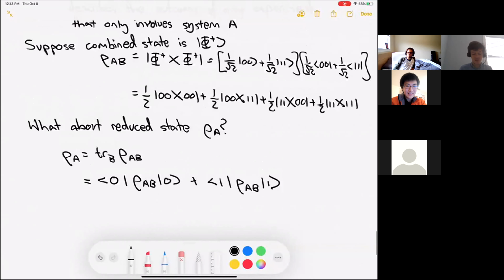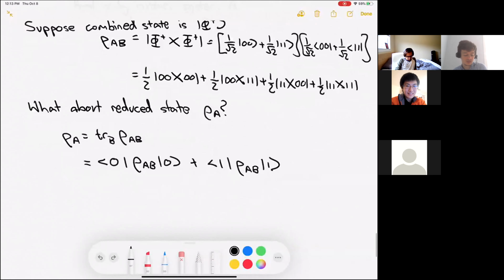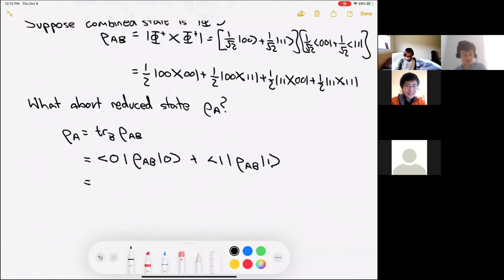Let's look at the terms in rho AB. Adding a bra 0 and a ket 0 kills all the terms that don't have system B in the 0 state in both the ket and the bra. So the only one that survives is this state here, and we're left with just an operator on A, with a 0 for A in the ket and a 0 for A in the bra. So it's just |0><0|.